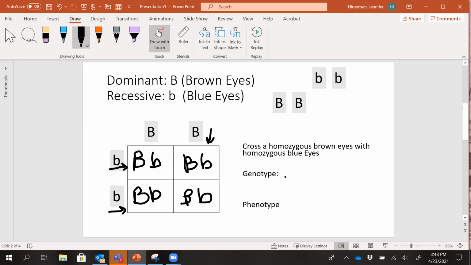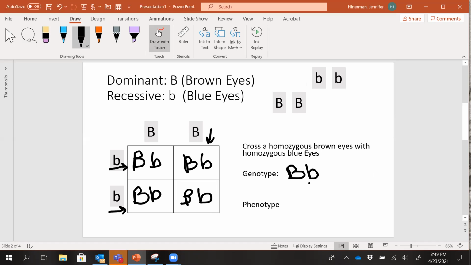Okay, so genotypes are just our pairs of letters. So the only genotype that is possible in these four boxes, the only pair that I could make, was big B, little b. It wasn't possible for me to make two big B's. It wasn't possible to make two little b's in these boxes here.